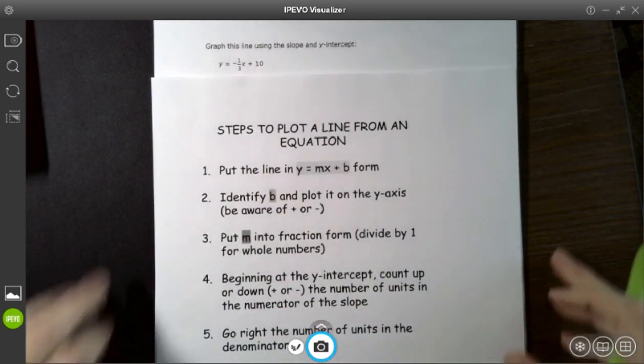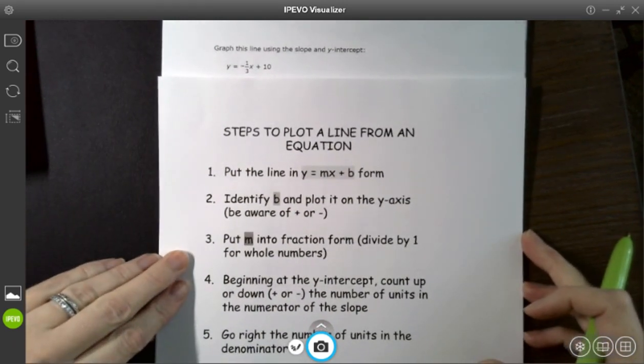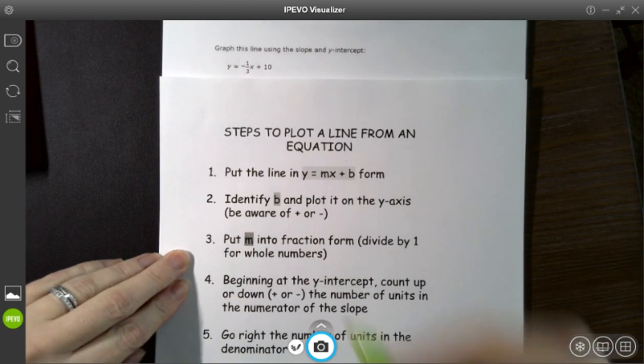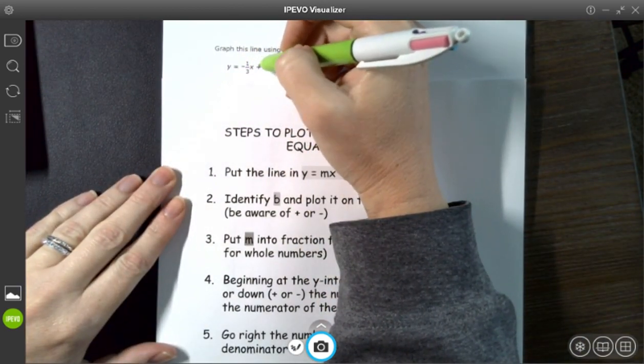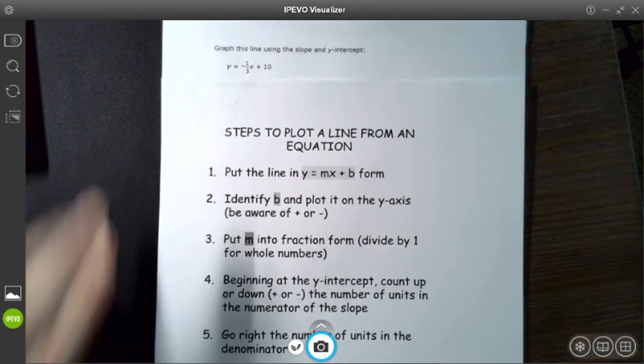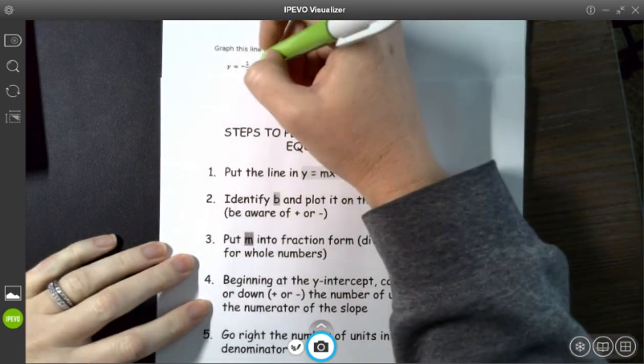Step 1, put the line in y equals mx plus b form. Perfect. I am in y equals mx plus b form. Woohoo! Step 2, identify b and plot it on the y-axis.